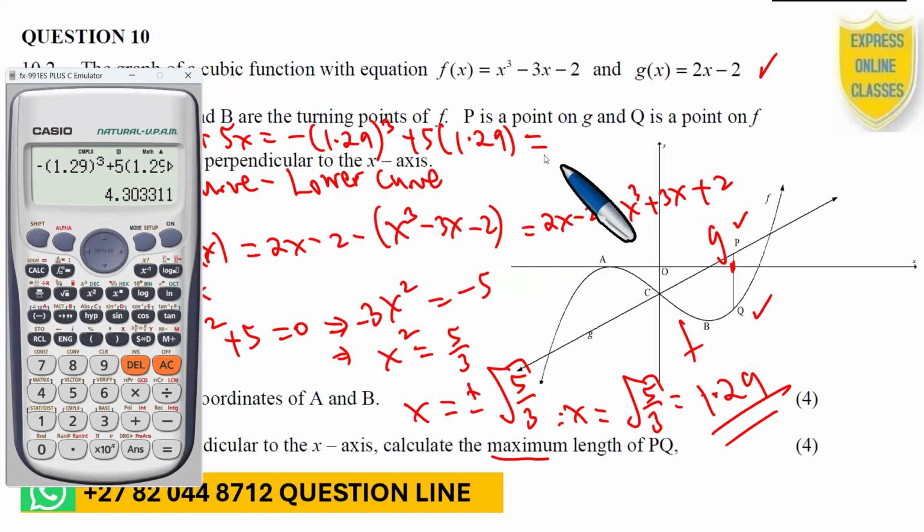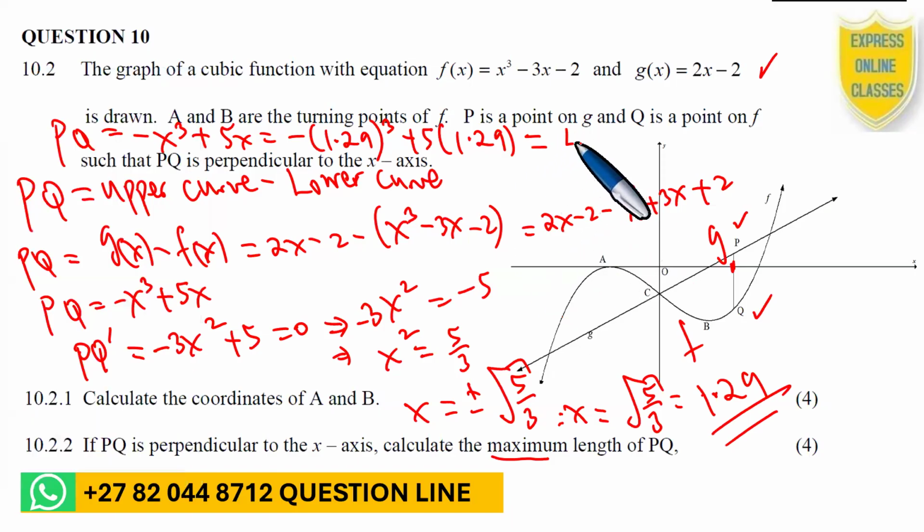And this is the answer. It's actually exactly 4.3 units. And this is the length required. So PQ is actually 4.3 units. Any question? No, sir. This is what they wanted. It's everything they wanted.